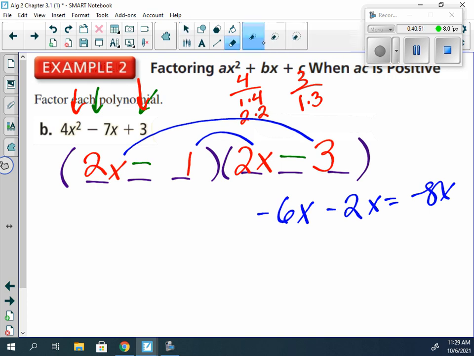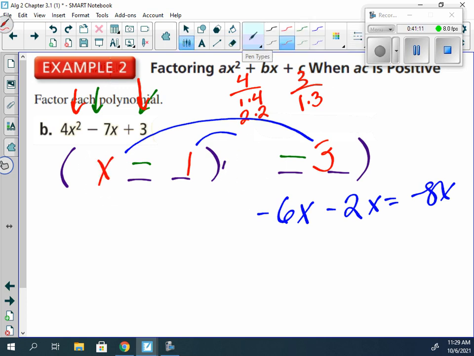So what can we do? Do we want to change 3 and 1 or 2 and 2? 1 and 4, yes. 1x and 4x. So x and 4x.